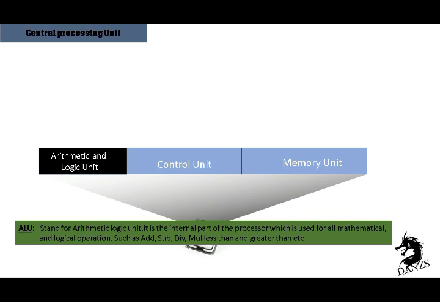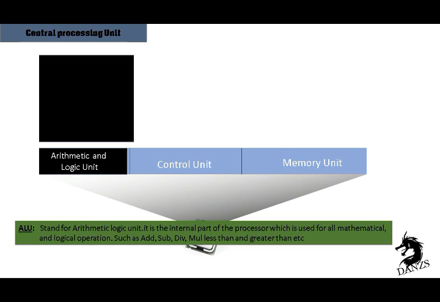Addition, subtraction, division, multiplication, less than and greater than, etc. Whatever mathematical or logical operation is done in this unit, you can see the blinking symbols on the screen. These are known as what? Operators, which are used for mathematical operations like plus, minus, division, subtraction, equal, less than, greater than. So these are known as operators.